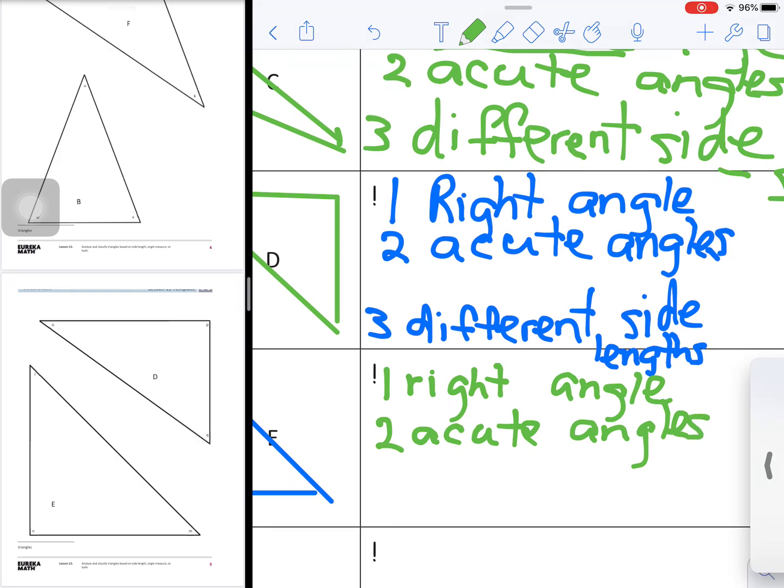But what is different about it? And you are right. It has 2 side lengths the same.